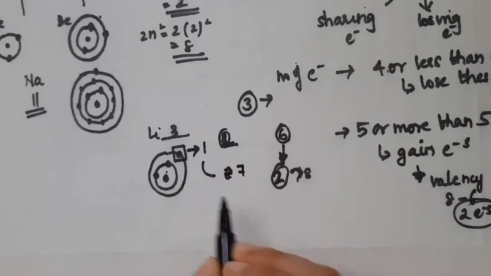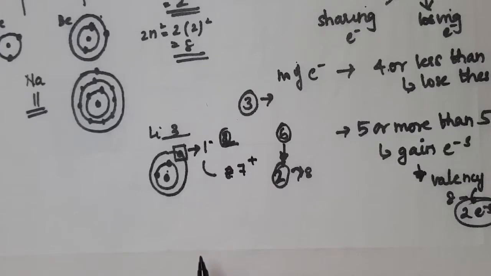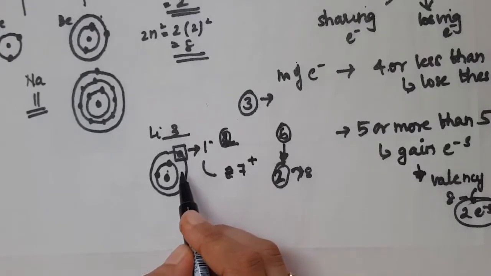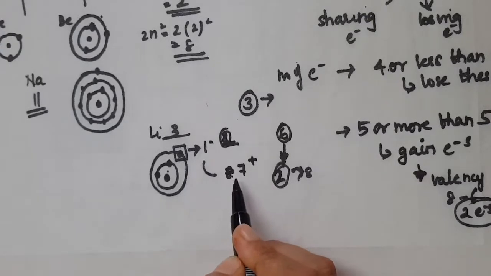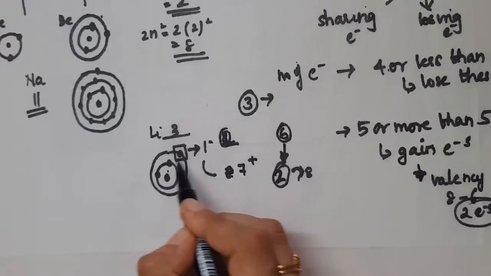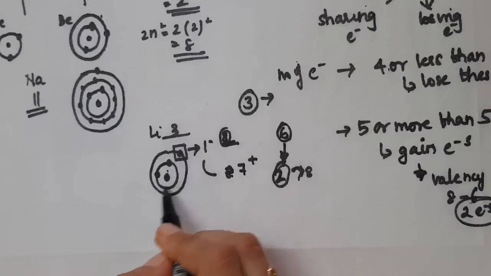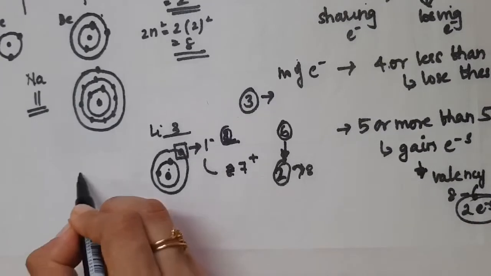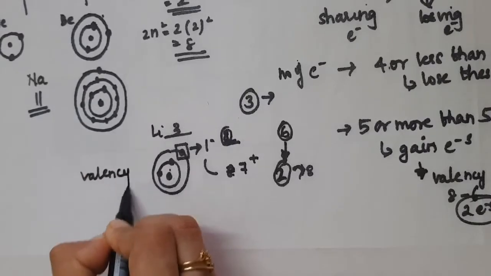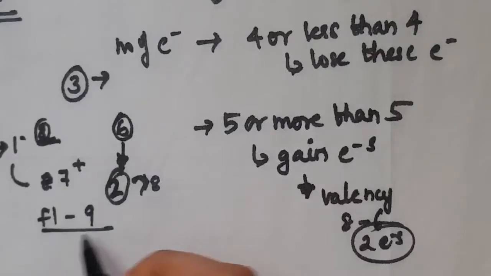So lithium will lose 1 electron to gain octet. So its valency is 1.